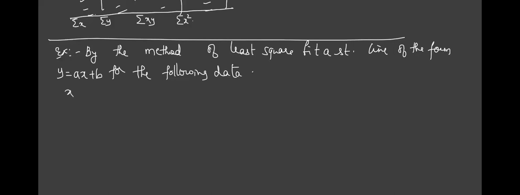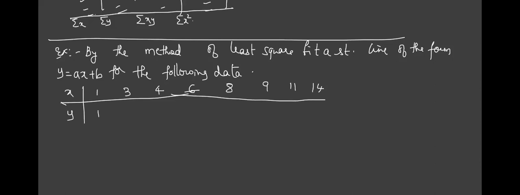So they have given a table containing x and y values. x values are 1, 3, 4, 6, 8, 9, 11, 14. Next, y values are 1, 2, 4, 4, 5, 7, 8, 9.